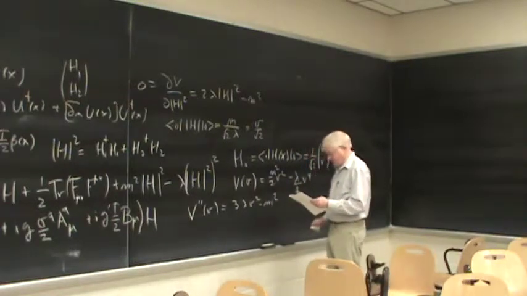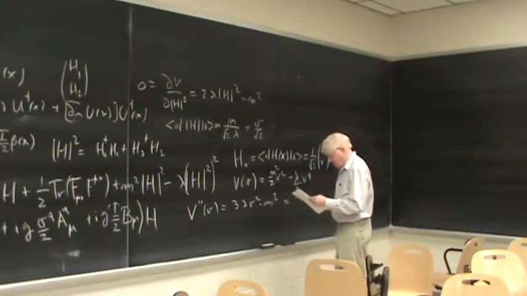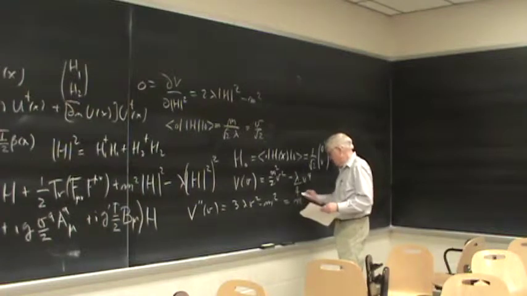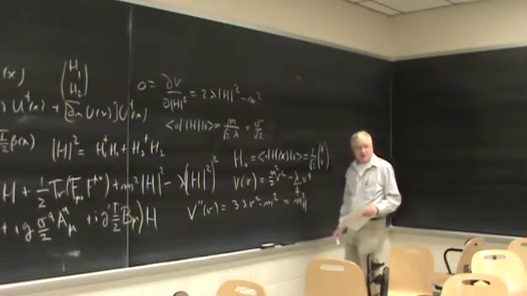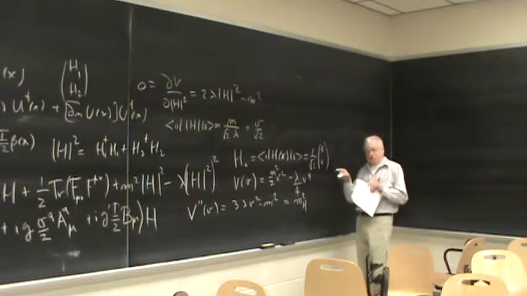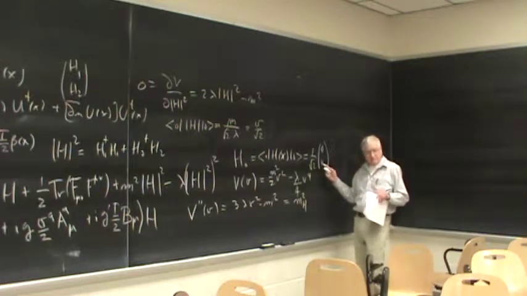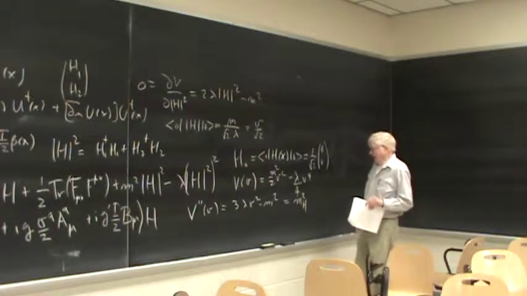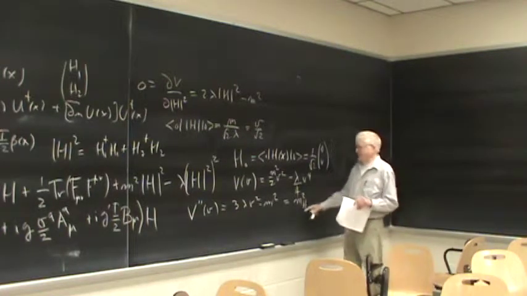And what is this second derivative? Well, this second derivative is the mass squared of the Higgs. The Higgs being the thing that vibrates in the real direction about v. And why do we know that this is this?